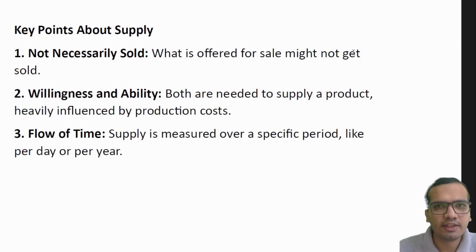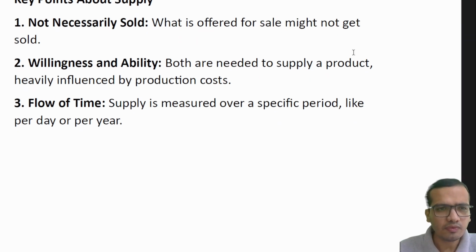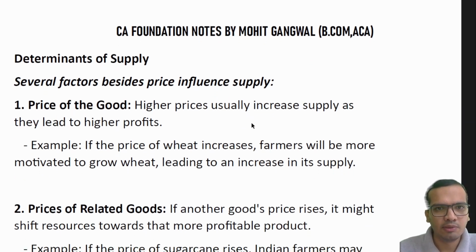Second, willingness and ability. Both are needed to supply a product, heavily influenced by production cost. Third, flow of time. That is, supply is measured over a specific period of time, like per day, per month, per week, per year.